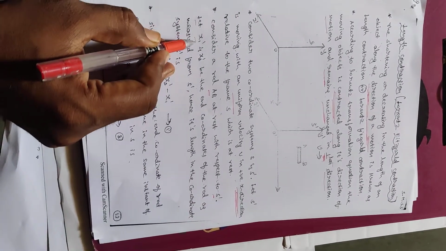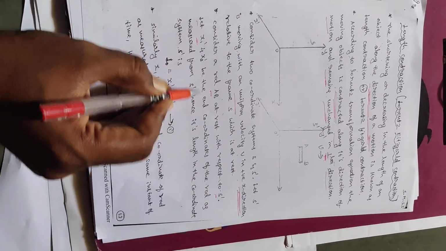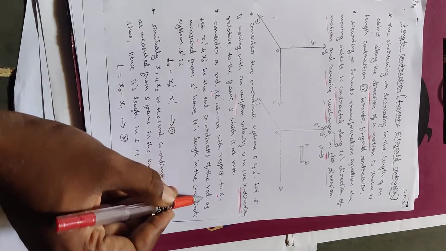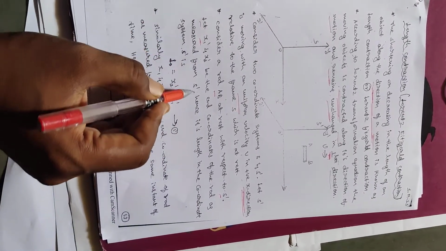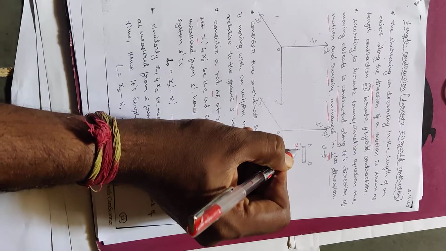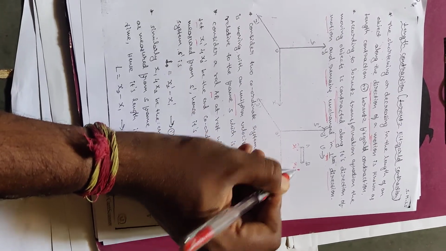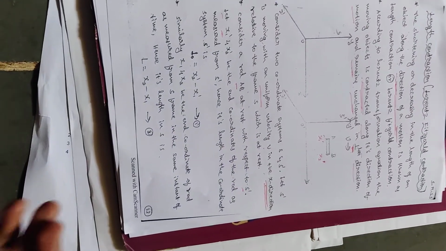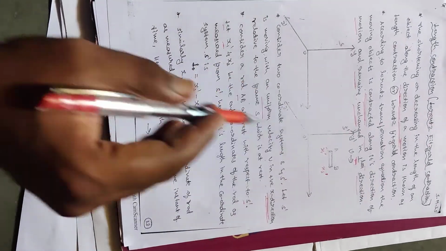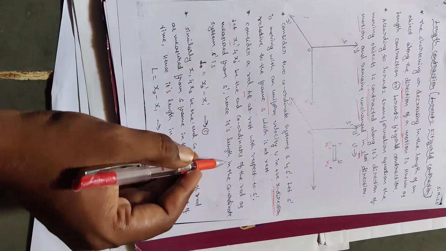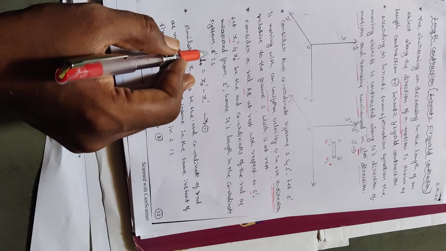Let x1 dash and x2 dash be the end coordinates of the rod as measured in the S dash frame.